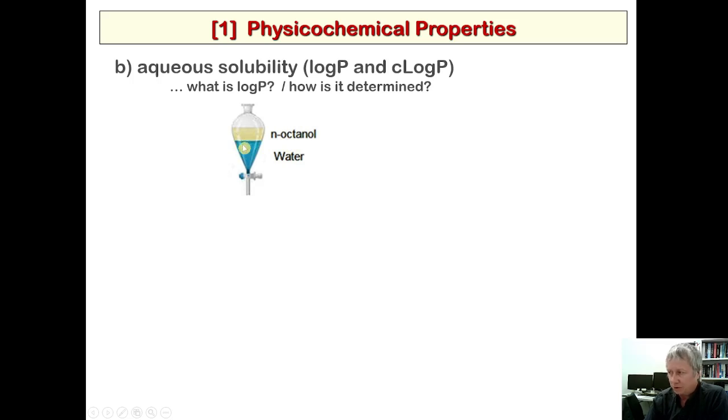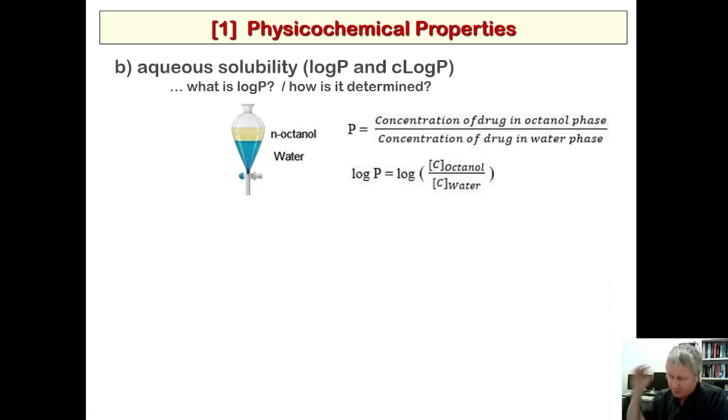It happens to be that octanol and water are not miscible, otherwise this wouldn't work. You can measure how much of it's in the octanol, how much is in the water. P is the concentration of the drug in octanol divided by the concentration of the drug in the water phase. Take log P, and it's the logarithm of that number.